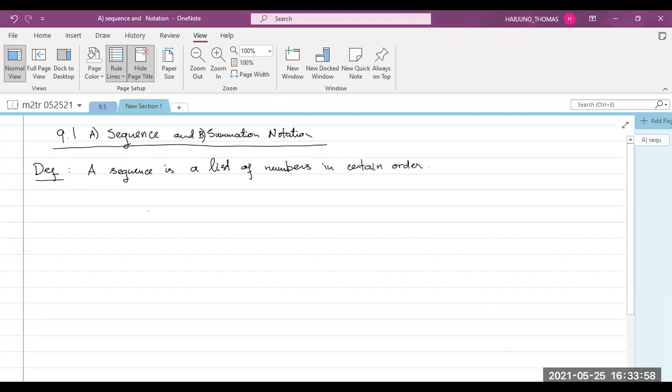Now, we usually denote it by a sub 1, a sub 2, a sub 3, and on to represent the first term, the second term, the third term, and on.